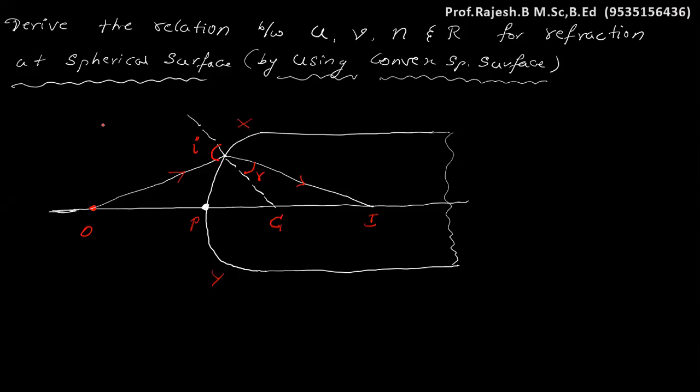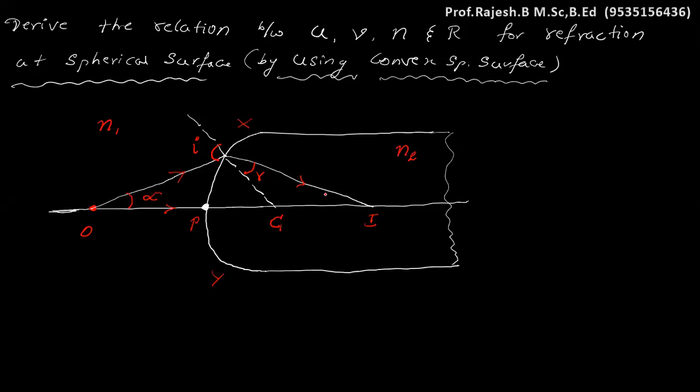Here the outside refractive index I can take as N1, and inside I can take as N2. Now with respect to the object and the principal axis, the light keeps moving along the principal axis. With respect to these two, I'll take the angle alpha.